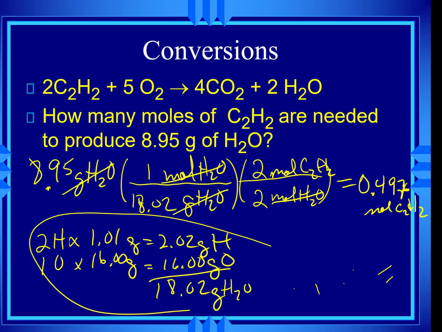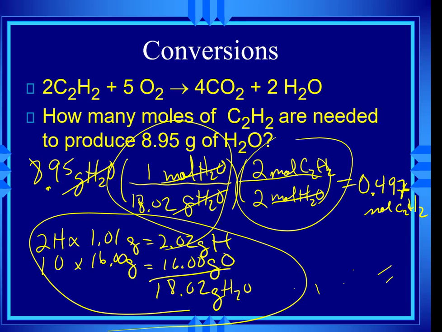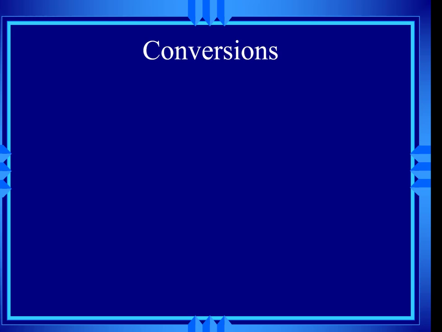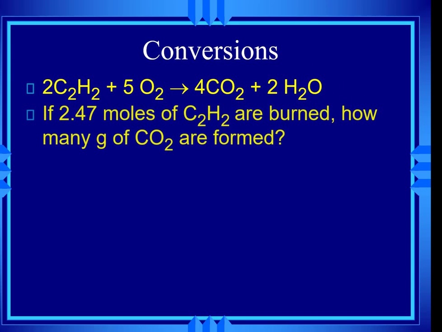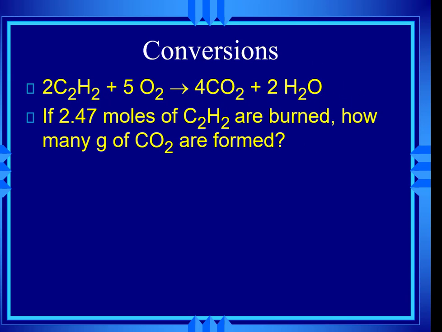So we've done this part before. We've done this part before, and we learned this part last night, or last Friday. All we're doing is putting those two pieces together. So it's actually nothing new, just putting pieces together that we've done before. It's okay? Same reaction. If 2.47 moles of C2H2 are burned, how many grams of CO2 are formed?